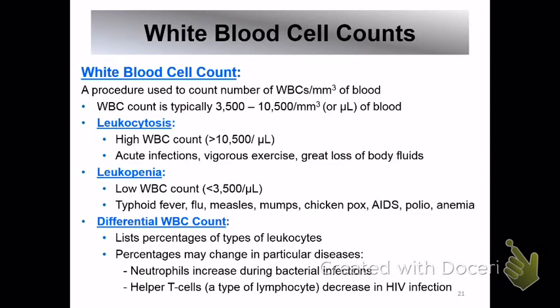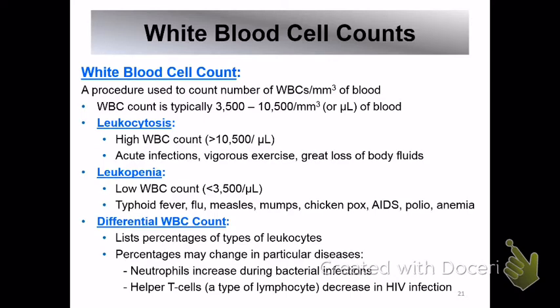Okay, here's just a count here. White blood cells should be between 3,500 and 10,500, depending on how big you are, right? So a procedure we can do counts the white blood cells if you have less or more. Okay, so leukocytosis is first, and that's going to be higher than 10,000. Leukopenia is going to be less than 3,000. So white blood count is high or white blood count is low.